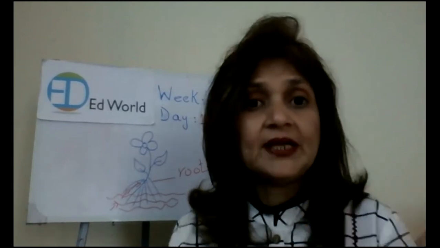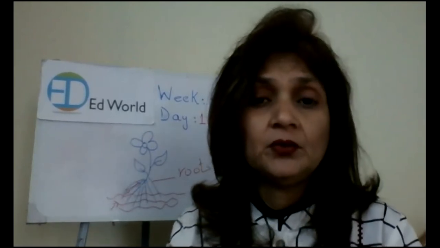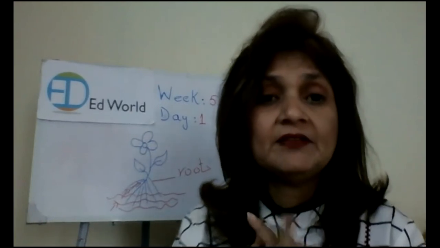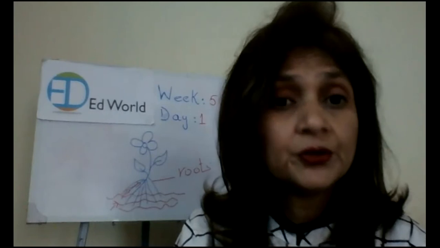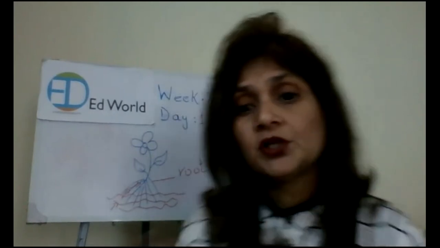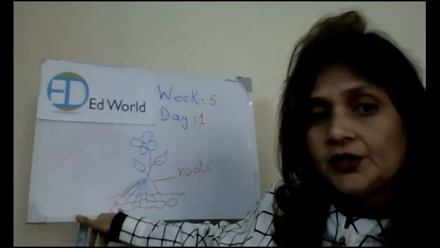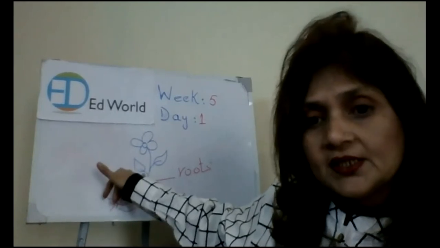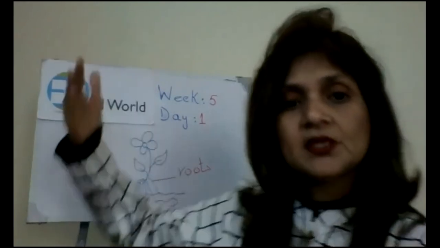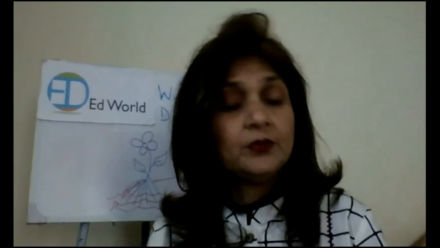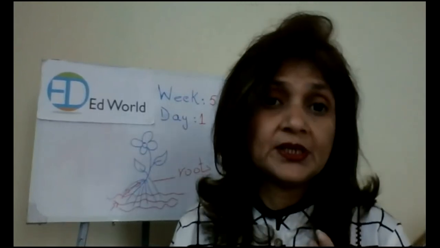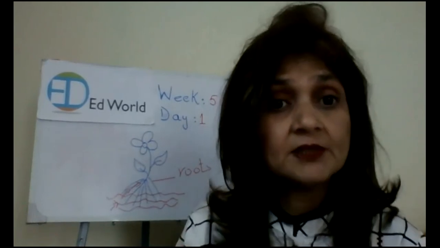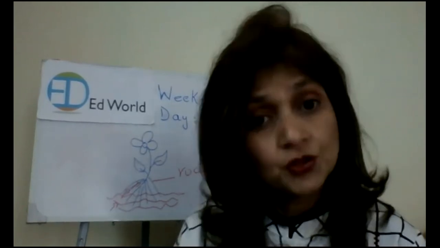So let's recap what we have done today. I've explained to you about the roots, what roots are, how water travels from the soil, goes to the roots, through the stem, through the leaves, and comes out gradually. Then we discussed how roots grow, what a root is: it fixes the plant in the soil, right?